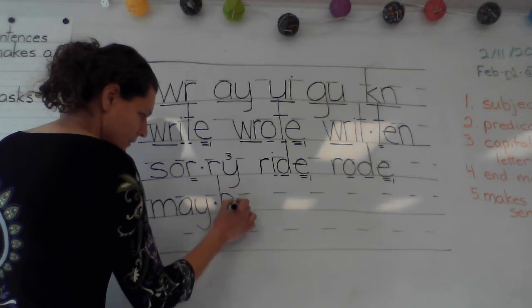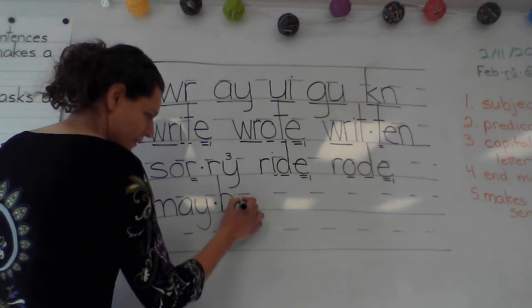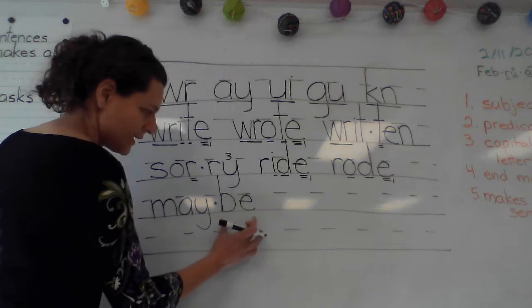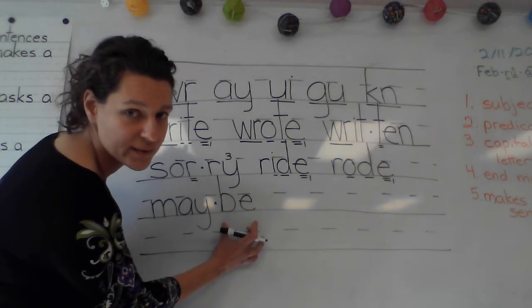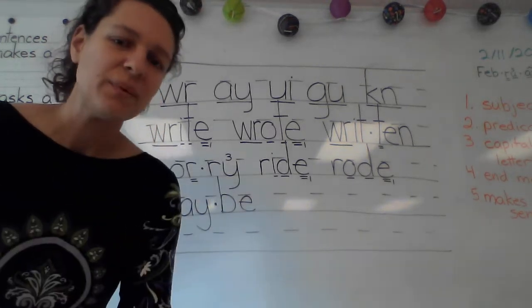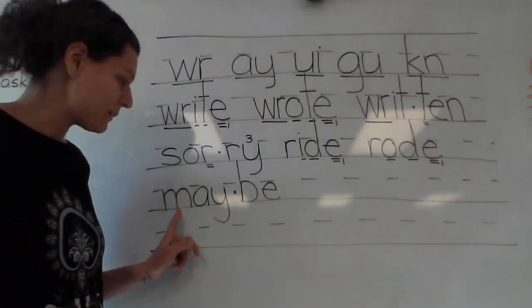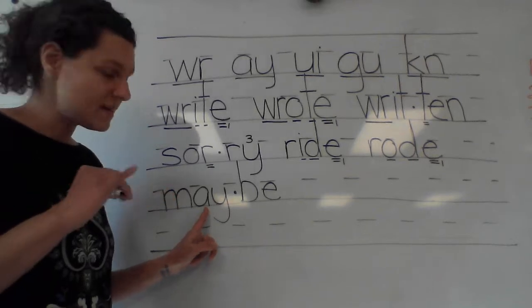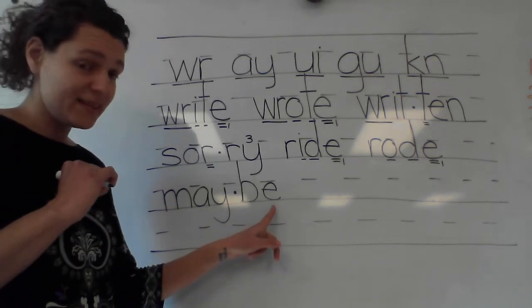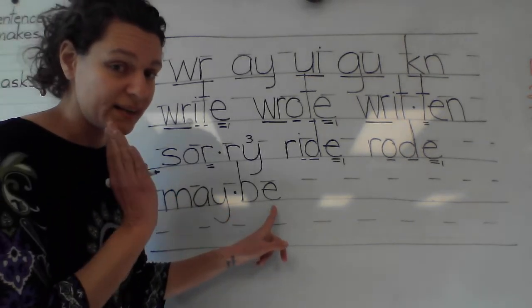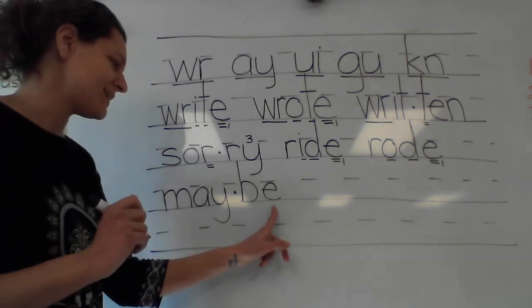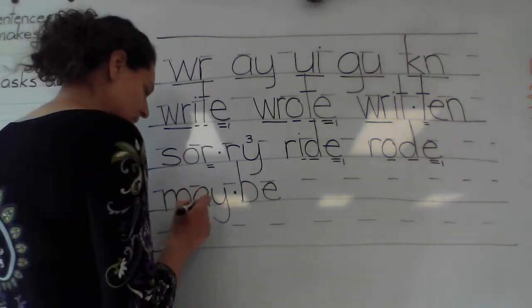B, E. Good. Class, what kind of syllable is our second syllable? Good, an open syllable. All right, does this need a marking? How about this? Good. This one? This? Good. Why are we underlining it? Good, it's saying its name. All right, pick up your pencil.